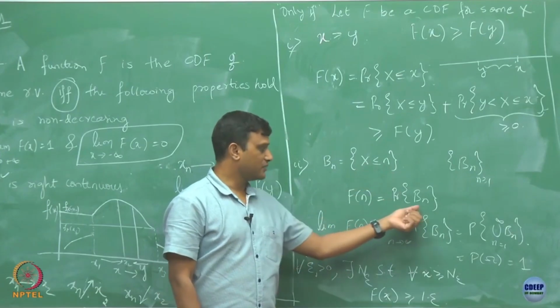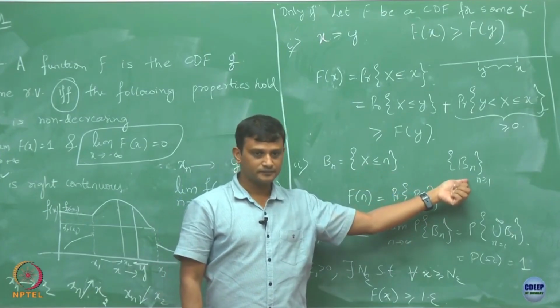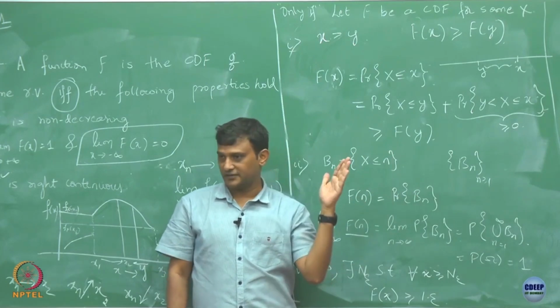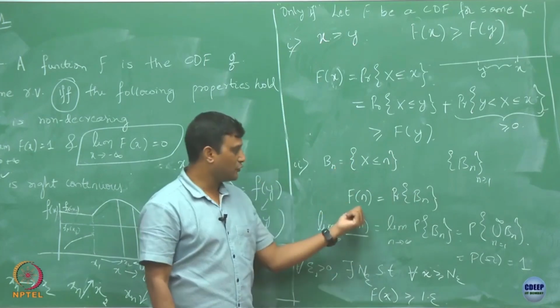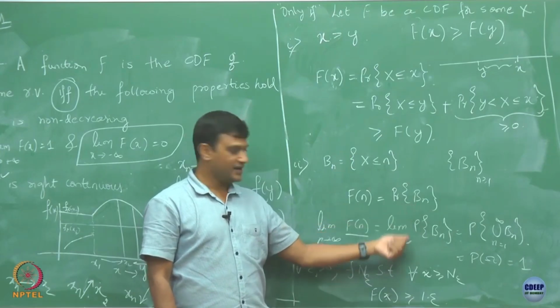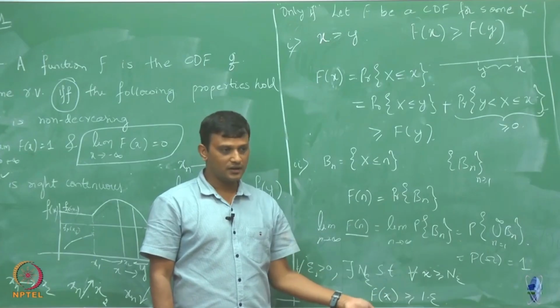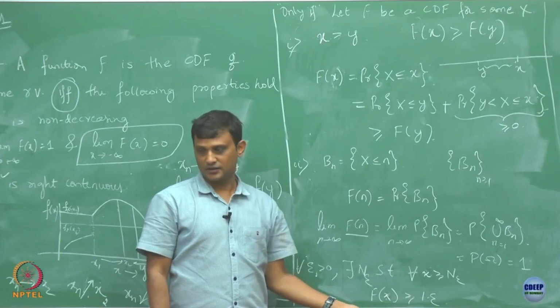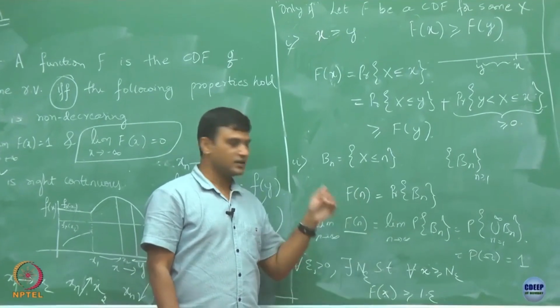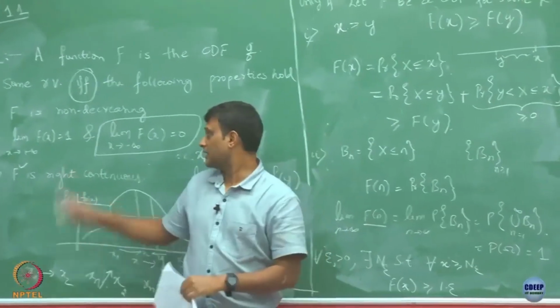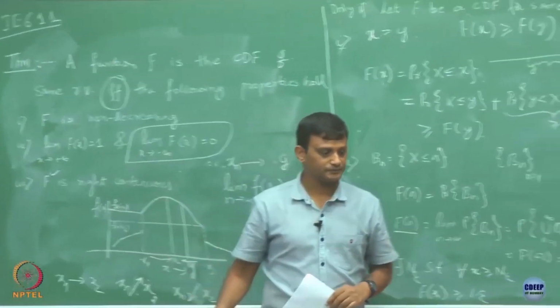In this case my sequence will be a decreasing sequence instead of an increasing sequence. But even for a decreasing sequence, you can still interchange the limit and probability. You do the same thing, but now you are coming from the negative direction. That's why this should be true.